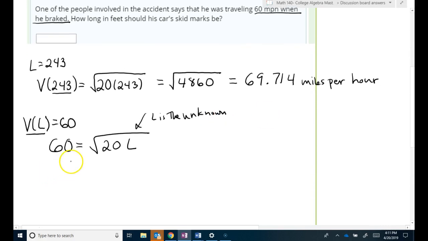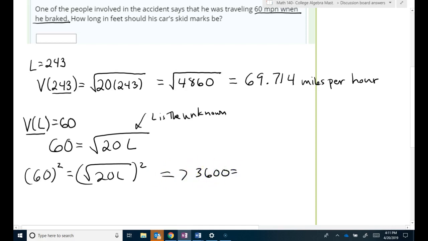So in order to solve this one, we'll take 60 squared equals the square root of 20L squared. That gives me 3,600 equals 20L. And so L will equal 180 feet.